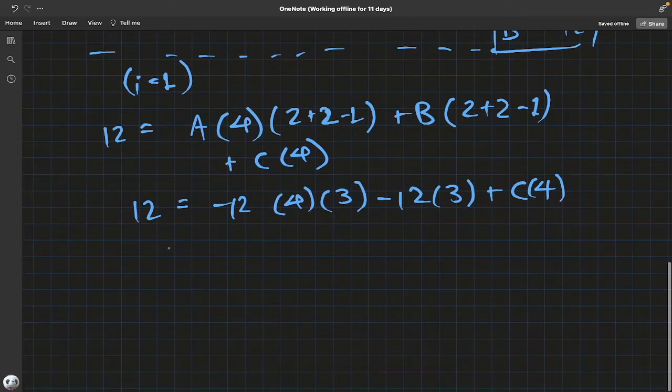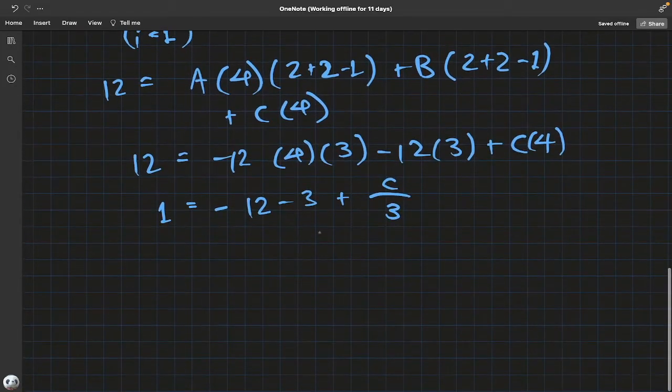So now divide by 12. We have 1, negative 12 from the 4 and 3, negative 3 plus C by 3, 4 by 12 is 1/3. So C is negative 15 plus 1, 16 times 3 is 48.